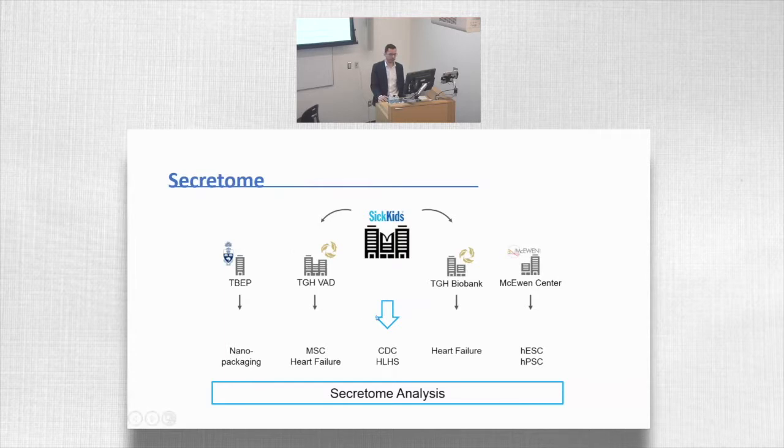And we work together, and that's where I'm the PhD student, with a group at the McEwen Center that are looking into induced pluripotent stem cell research. What we do is not only assess how cells engraft in different types of cardiac defects, but also look into what kind of secretomes we see and in which way these secretomes differ.